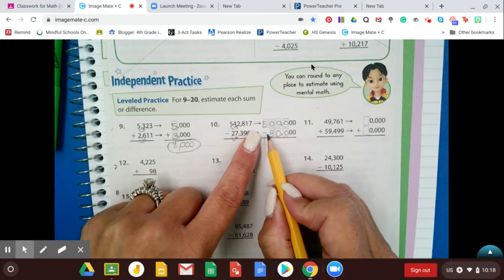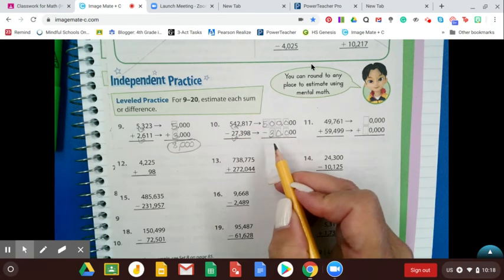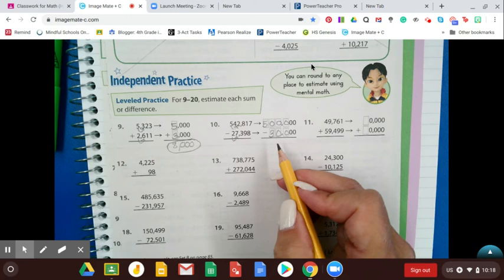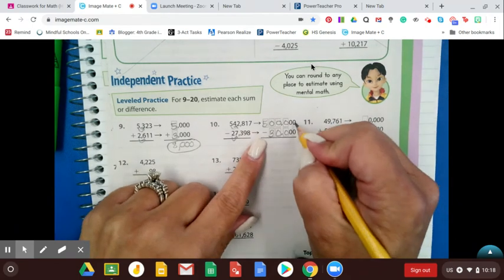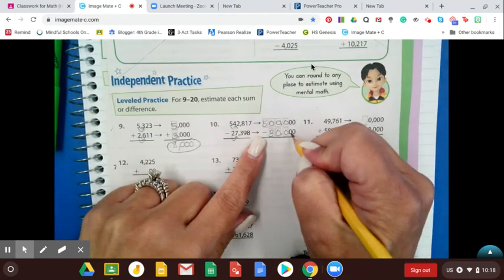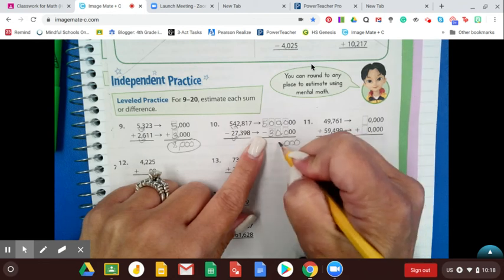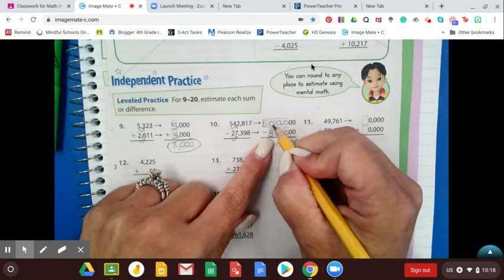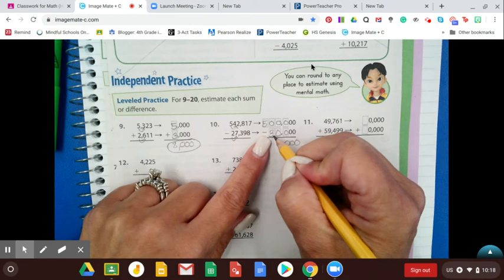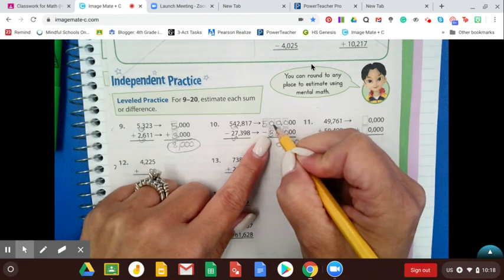I've noticed that I'm subtracting. Get that in your head, Mrs. Atkinson. Subtract, subtract, subtract. All right, 0 minus 0 is 0. 0 minus 0 is 0. Put that comma in there. 0 minus 3, can I do it? No, right? I can't do 0 minus 3.